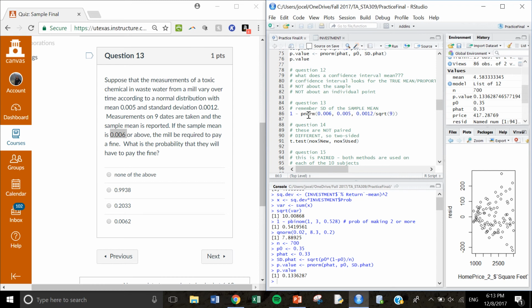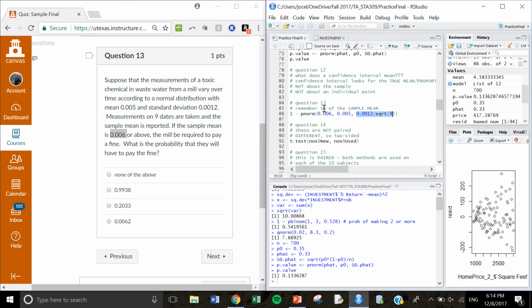So that's 1 minus, and I put in my mean, and because it's a sample mean, we can't just put 0.0012 for the standard deviation. We have to put the population standard deviation divided by the square root of the sample size. So that's why I did 0.0012 divided by square root of n.